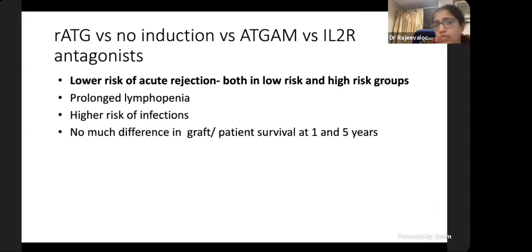And across the group, there is a lower risk of acute rejection in the first 6 months up to the 5-year mark, both in the low risk as well as the high risk groups. But I think all the studies have shown that RATG does cause a bit of prolonged lymphopenia. There's a higher risk of infections, especially CMV, and there is not much of a difference in the graft and patient survival at 1 and 5 years.